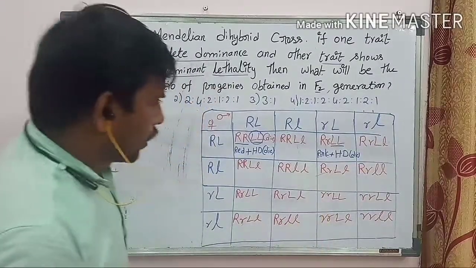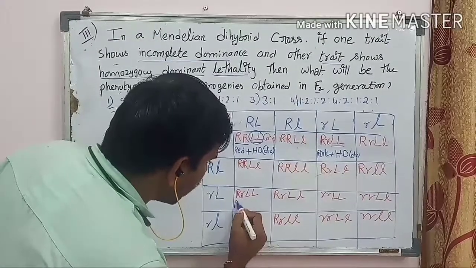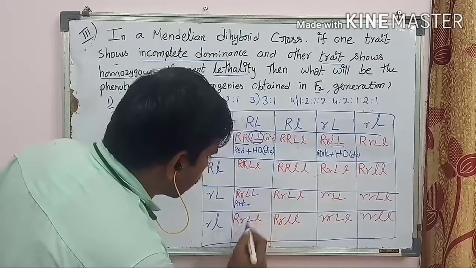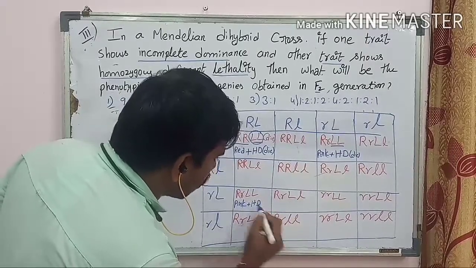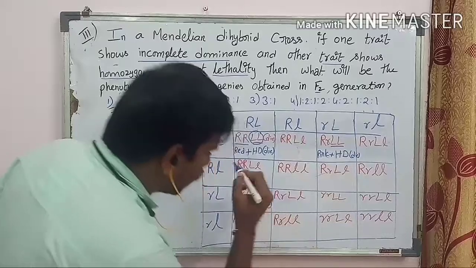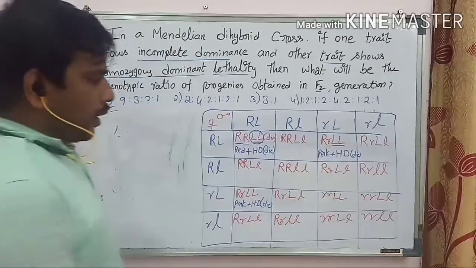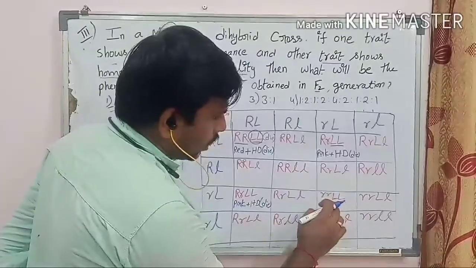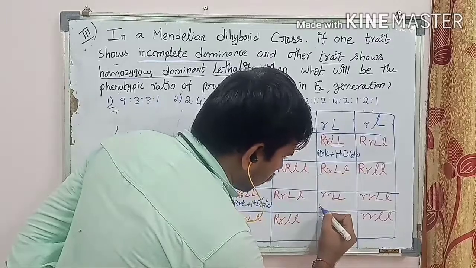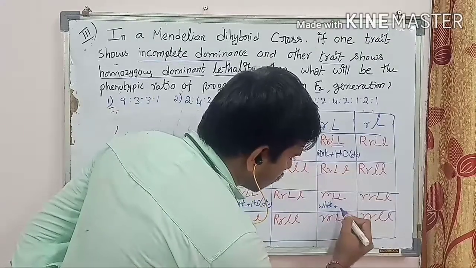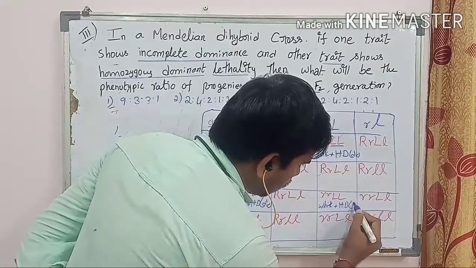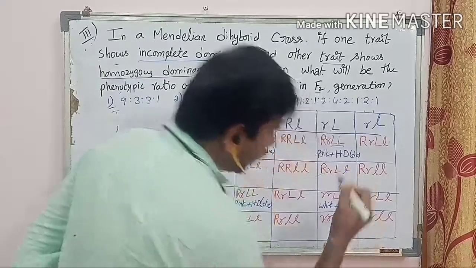And you can find another one here. Again this pink plus homozygous dominant, it will also die. And you see here another organism which is white plus homozygous dominant, it will also die.